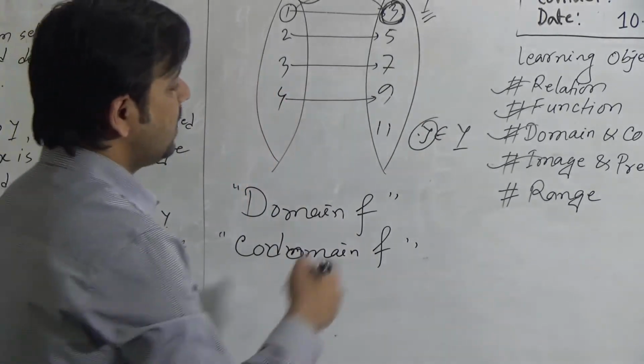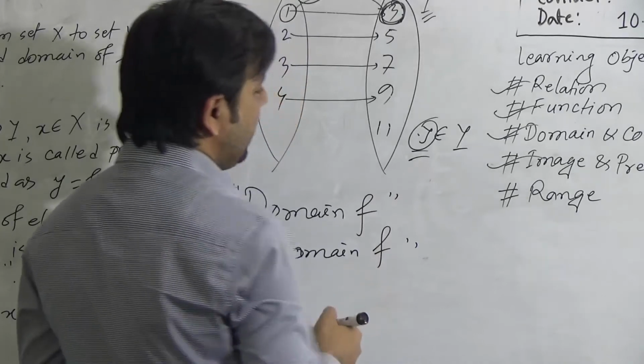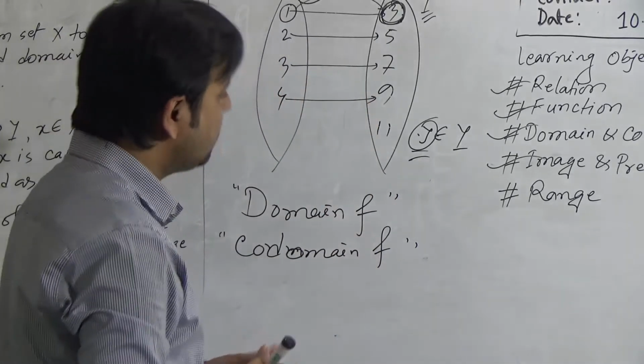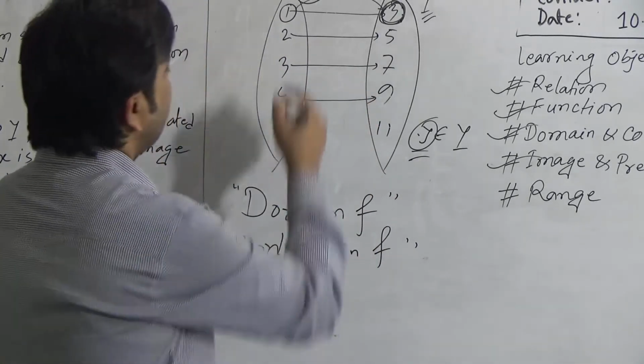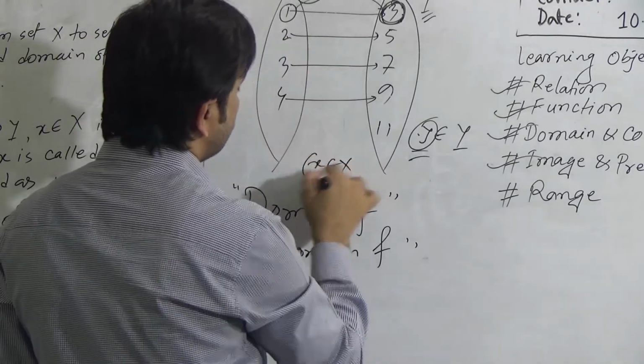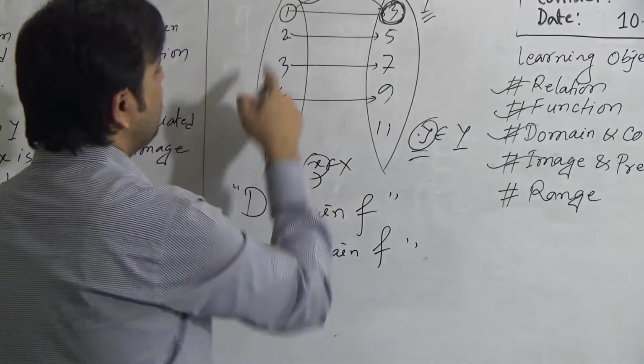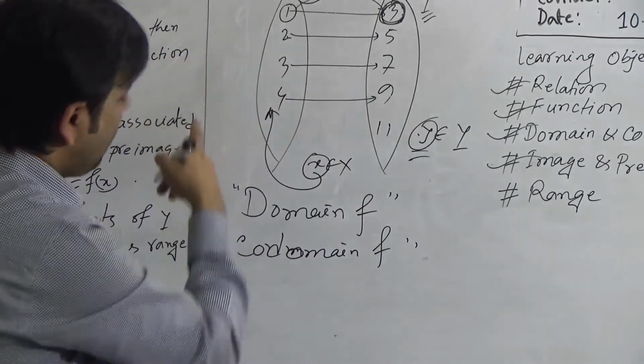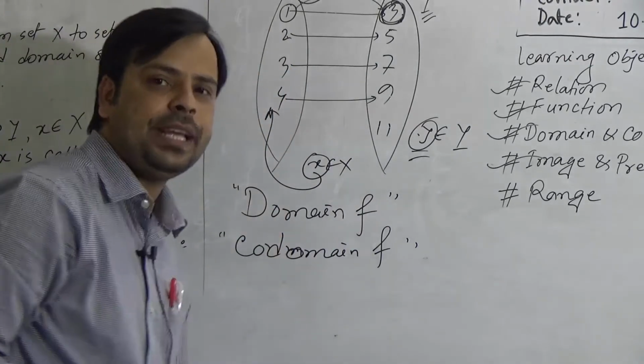For this we can say the values of y in this set are known as images, and for the values of x, if we denote x belongs to X, the values of x are 1, 2, 3, 4. So these 1, 2, 3, 4 are the pre-images.